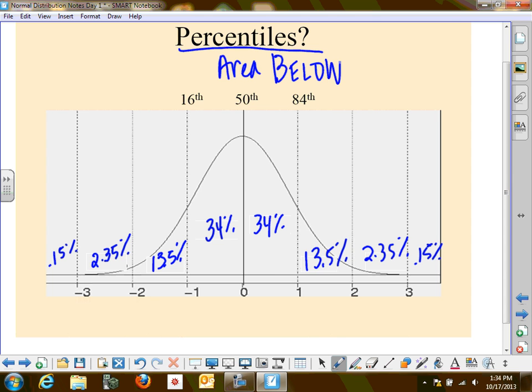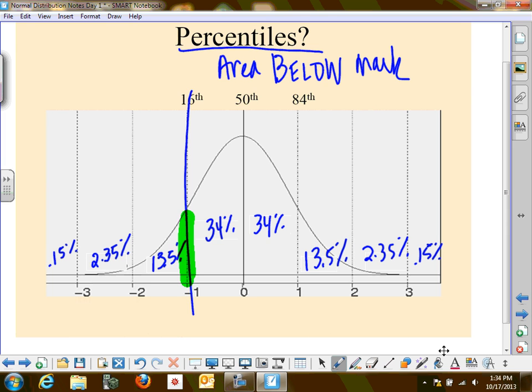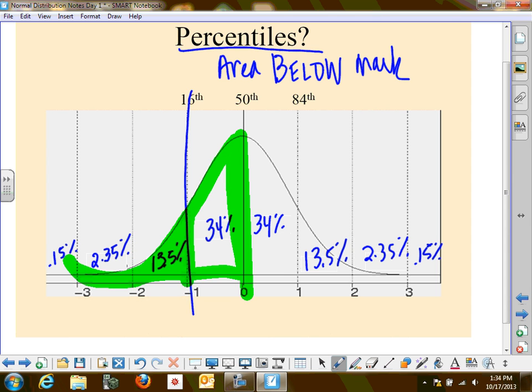The area below your mark. So if somebody is in the 16th percentile, then the area below this piece of data is 16%. And of course, being at the mean, you're at the 50th percentile because at the mean, you have 50% of the data below you.